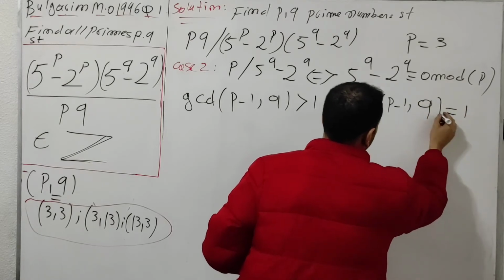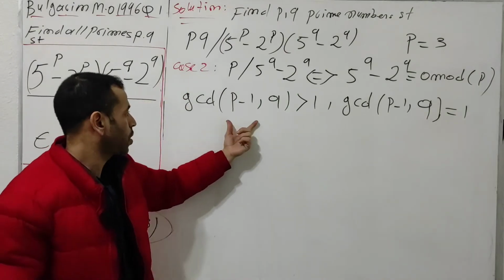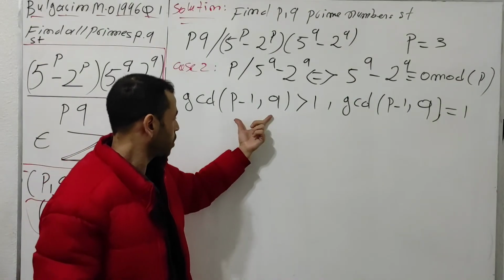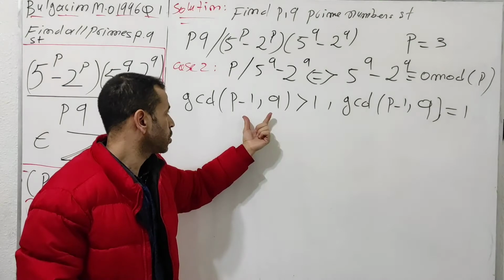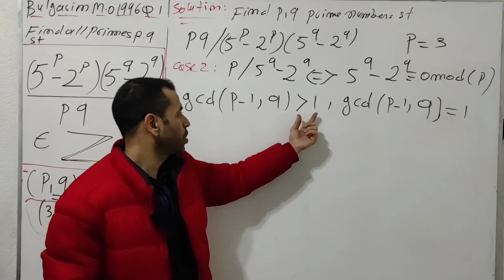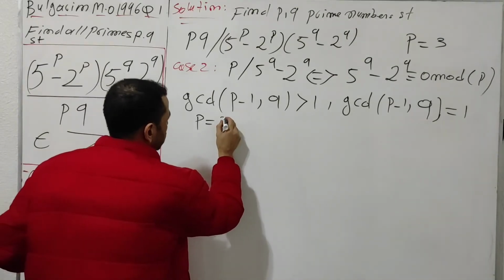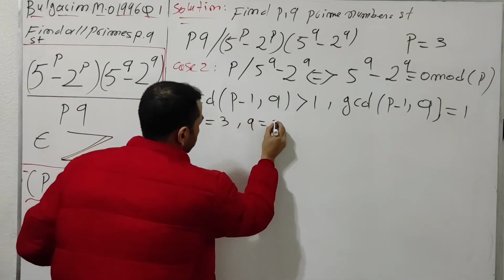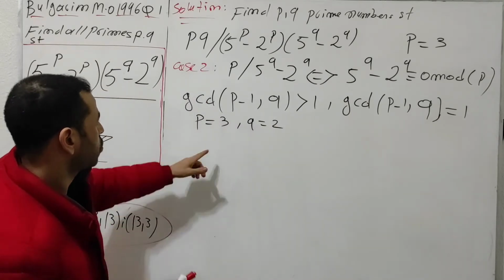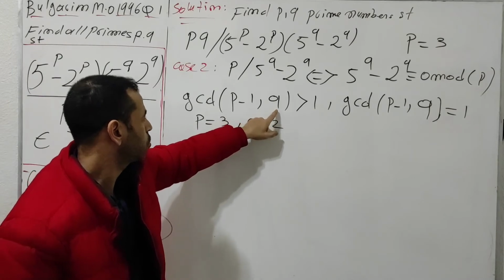Since we are going through the GCD, we have two cases. First, the GCD is greater than 1. If p equals 3 and q equals 2, replacing p with 3 gives 3 minus 1, which is 2, and q is 2.